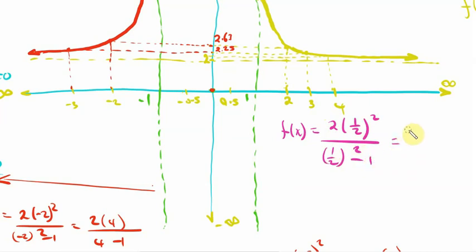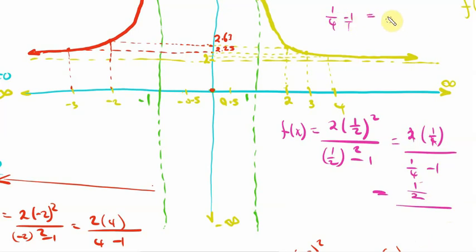This will be 2 multiplied by 1/4, divided by 1/4 minus 1. 2 times 1/4 is 1/2. 1/2 divided by 1/4 minus 1.